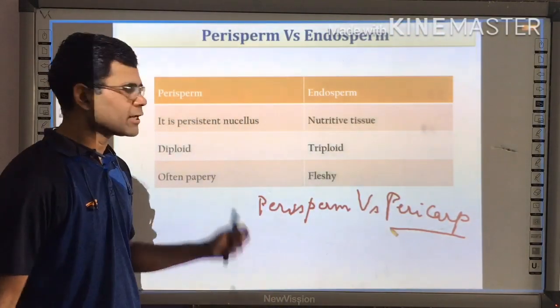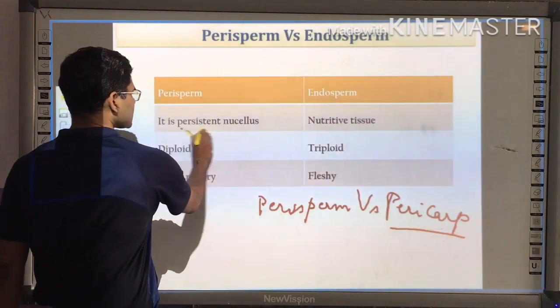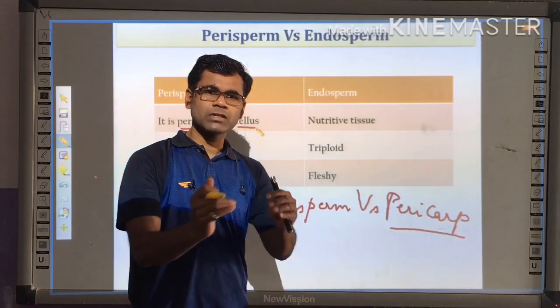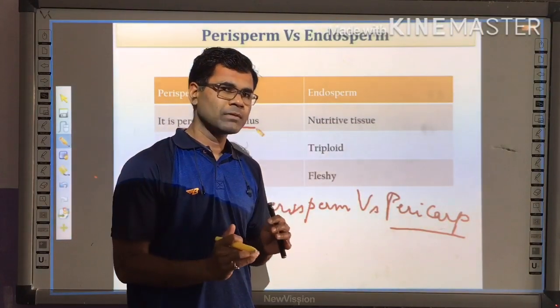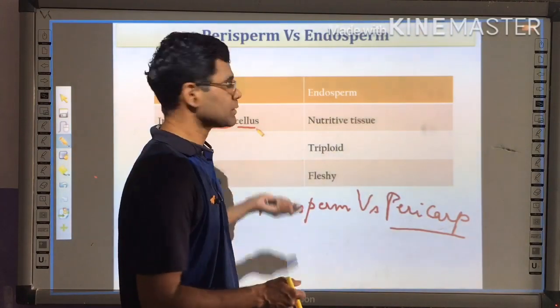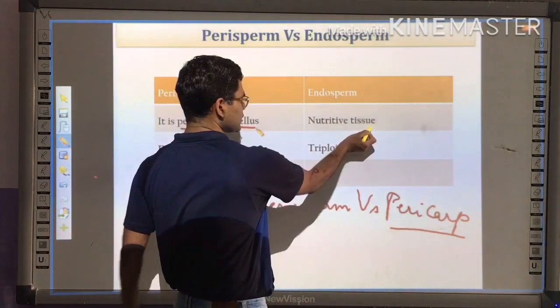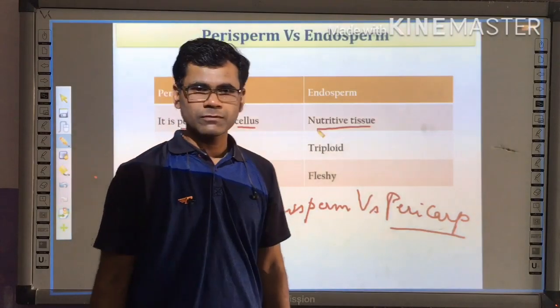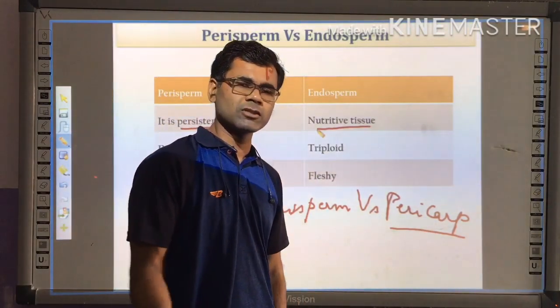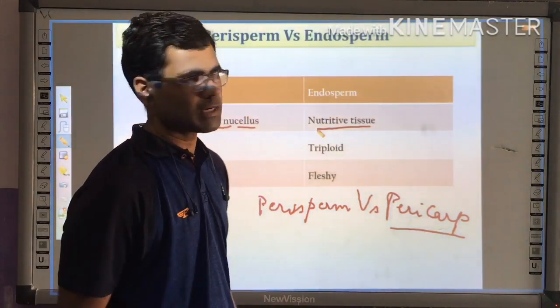So perisperm and endosperm. Perisperm is the persistence of nucellus, as I discussed already, that in black pepper the nucellus persists, and that persisted nucellus is nothing but the perisperm. Endosperm is the nutritive tissue, a reservoir of nutrition which is consumed in the early stages of growth and development.